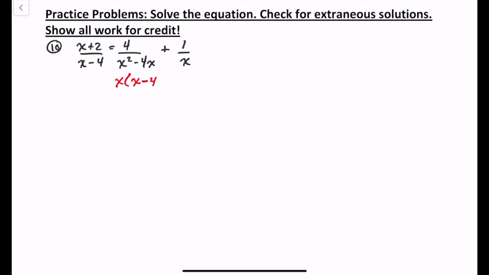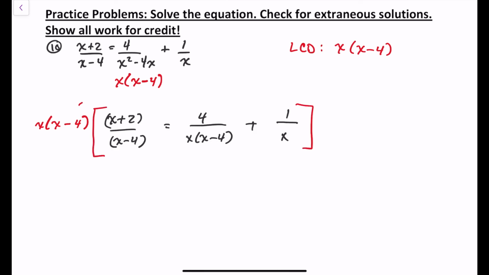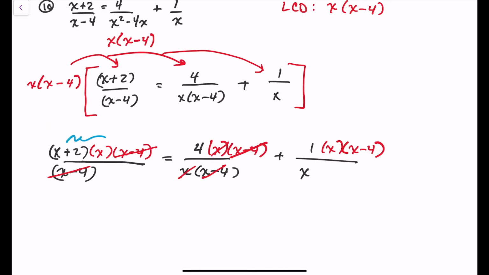So let's go ahead and factor x times x minus 4. And again, I'm going to zap the fraction. So I'm going to find my least common denominator, which would be x times x minus 4. And when I multiply that through across all three terms in the equation, and cross out my common factors, and then let's combine the x times x plus 2.